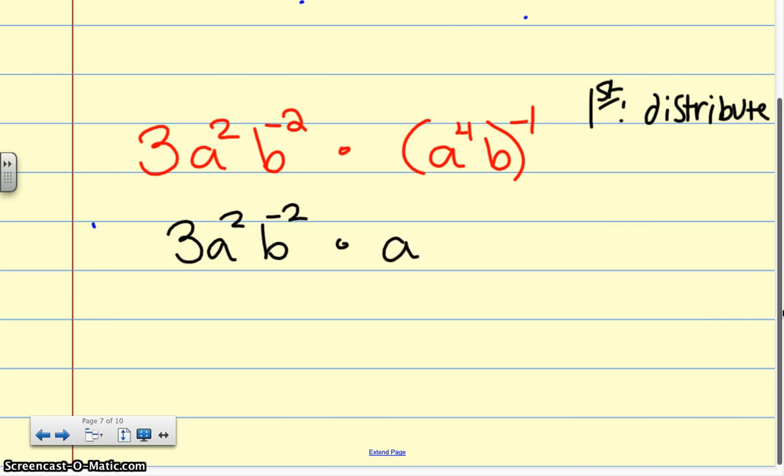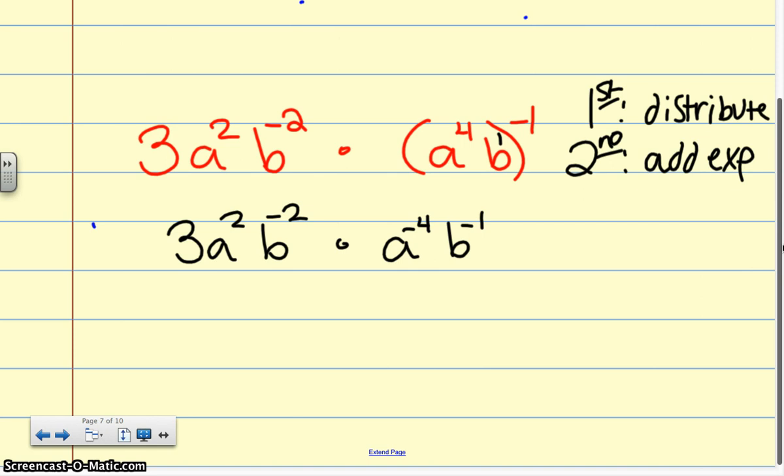A to the 4 times negative 1 is negative 4. B, this is like a 1. Negative 1 times 1 is negative 1. Now I'm going to combine like terms. It's just like solving a problem. So secondly, I'm going to add exponents if I can.